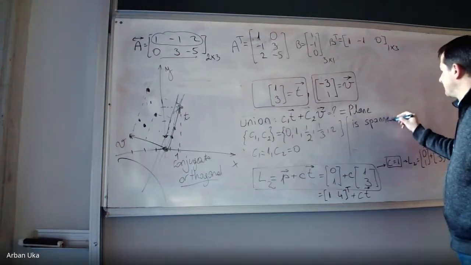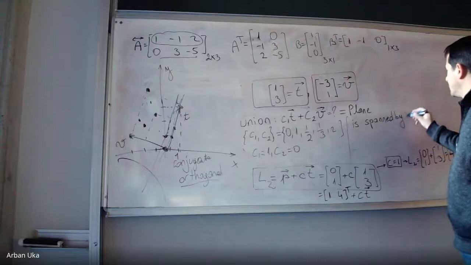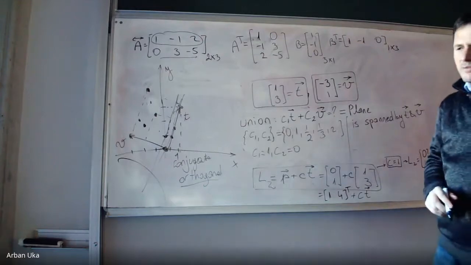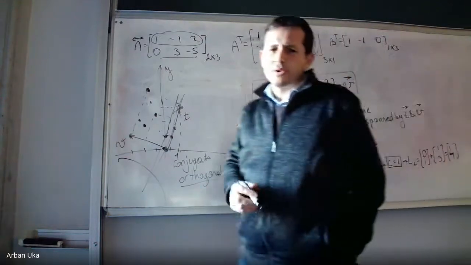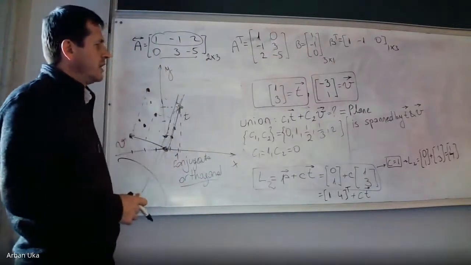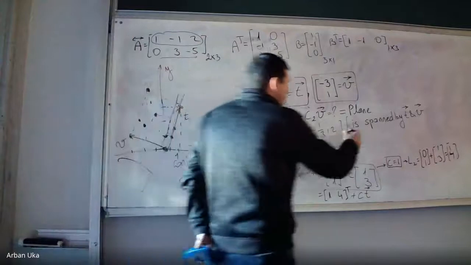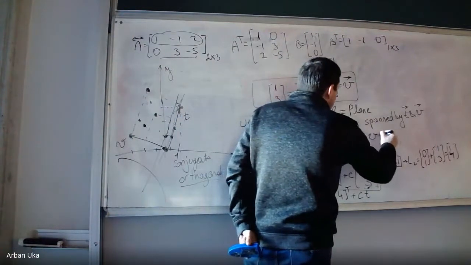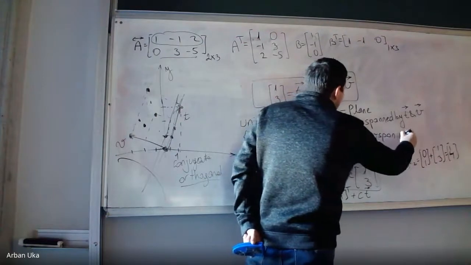spanned by T and V, okay? So with the term span, this means that we can define any point in this plane as a function of these two given vectors. Or we can say that T and V span the plane.